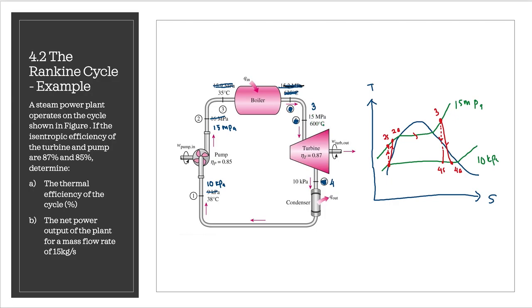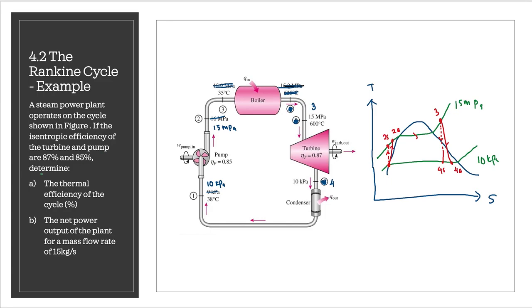So this pressure and temperature will enter the turbine, and the turbine has an isentropic efficiency of 87%, and it will go out from the turbine and the pressure will reduce from 15 megapascal to 10 kilopascal. Okay, and at the condenser, the heat will be removed to the surrounding and the cycle will continue.